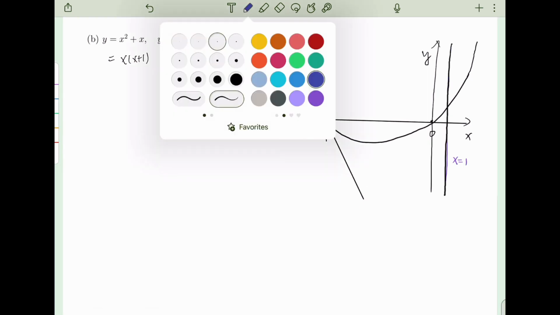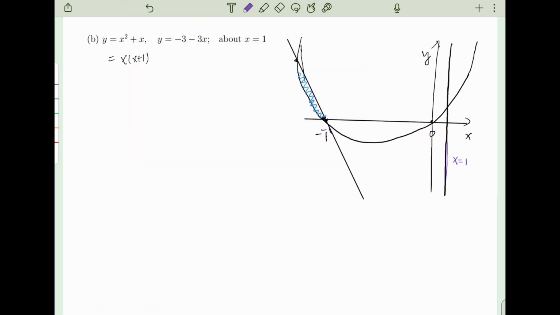Now let's find the radius of the shell. That is from here to here. So we know that the radius is the difference of their x coordinates. So it should be r of x equal to x minus 1. Yeah, absolute value.